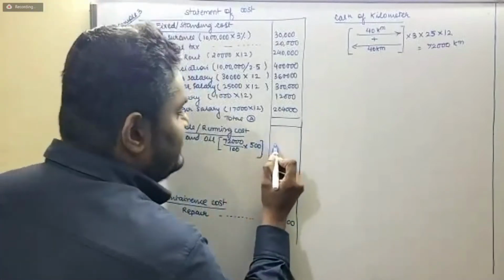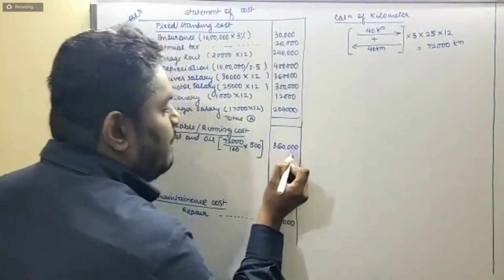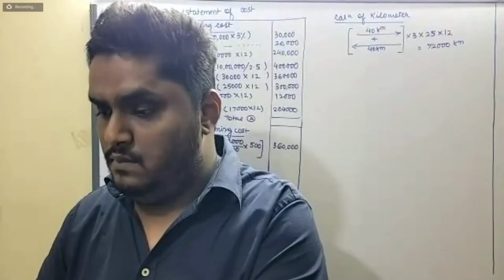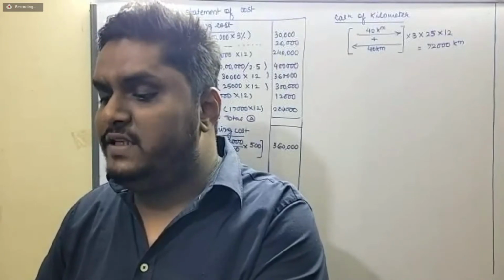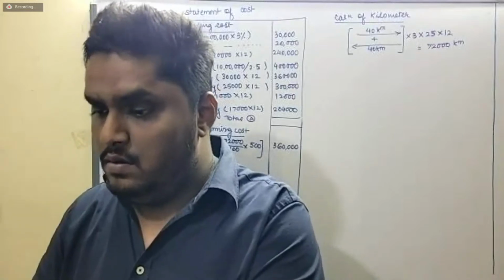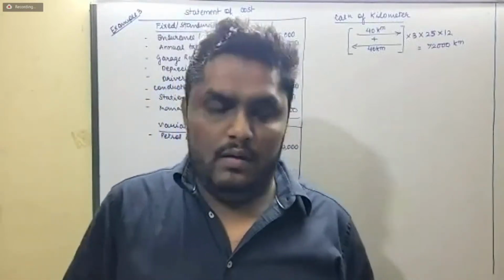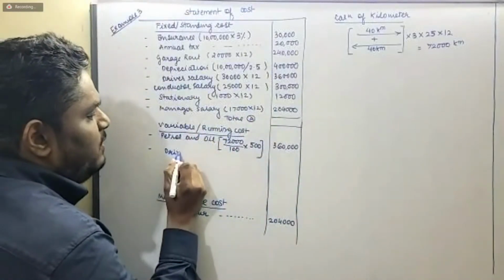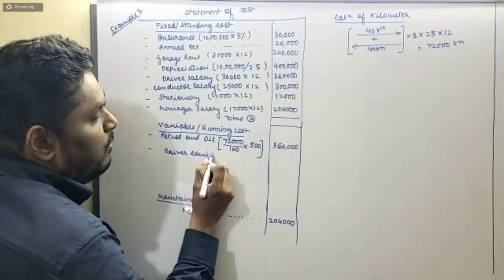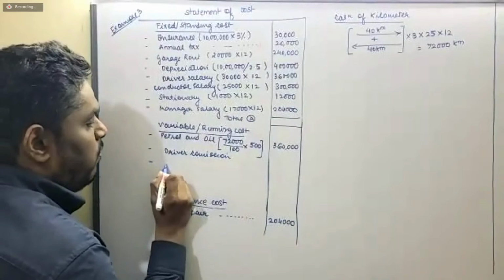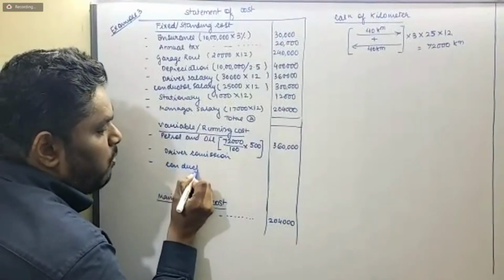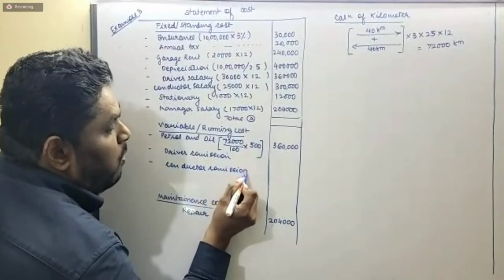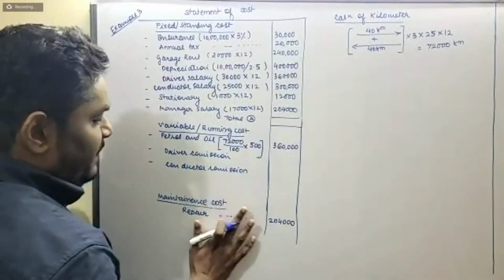So this will be 3,60,000. Garage rent is fixed here. Now, the driver and conductor commission will be written separately in the variable cost. We'll be preparing a working note separately for the same.